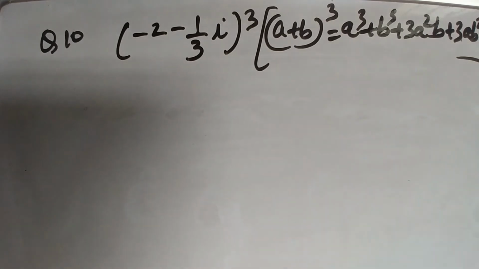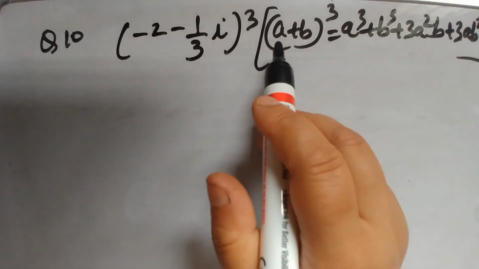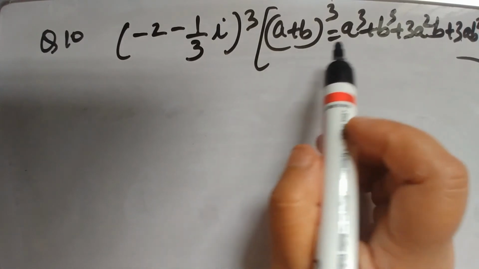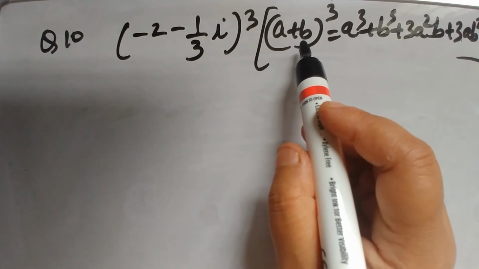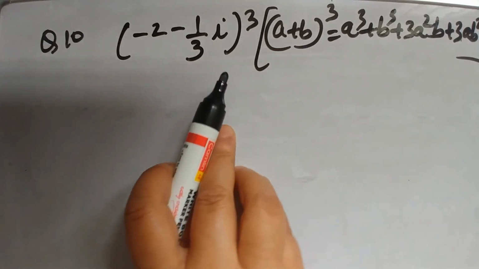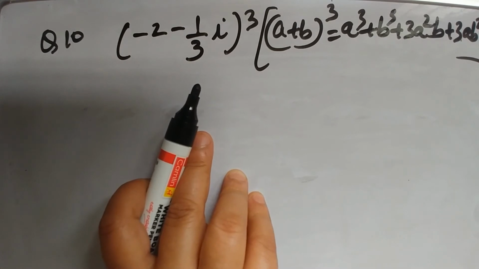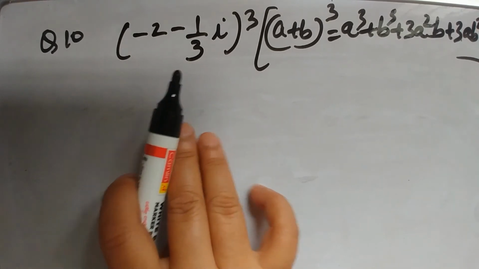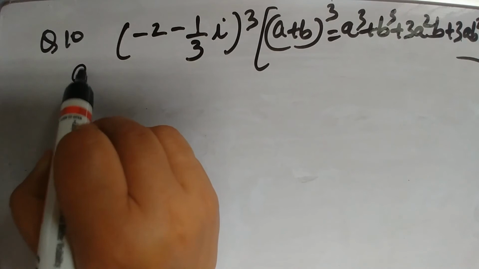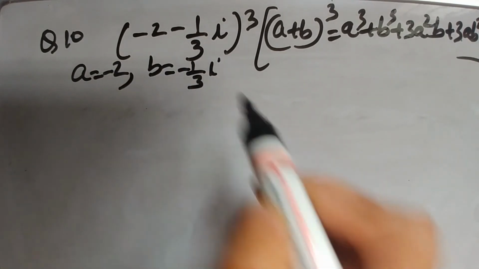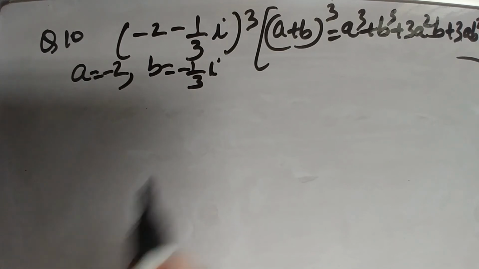I always suggest to use the formula of a plus b instead of a minus b, because the mistake committed by students is that they apply the formula for a minus b and take b as minus 1 by 3 iota, and that will be the wrong solution. So always start with your positive formula. Take a as minus 2, b as minus 1 by 3 iota, and that way the correct formula will be applied.